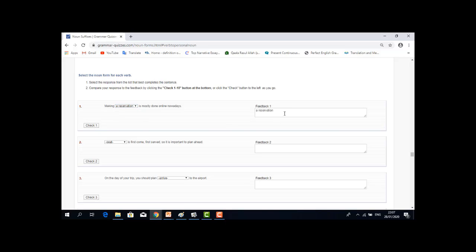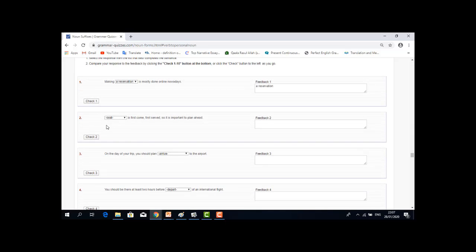We will check, and a true answer. The second, we need a noun from the verb sit, and it will be first come, first served, so it is important to plan ahead. The seating or the seatery or the seatage.